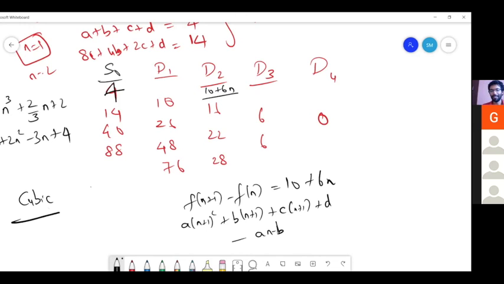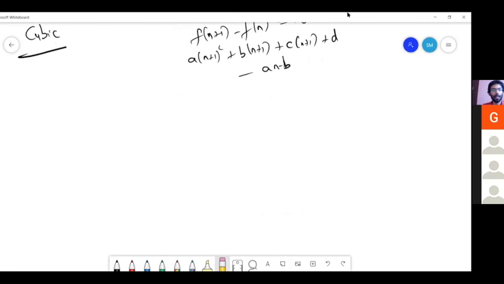Now, one more method we can use here is, if what we have conjectured and observed is actually true, that if S0 is n cube, then the constant term is 6. Let us go along with that line.